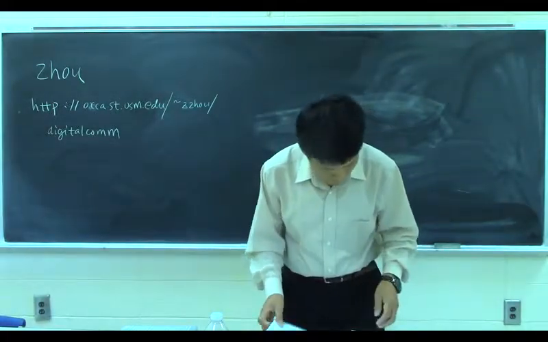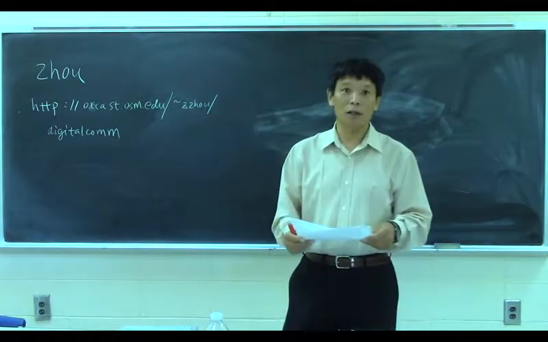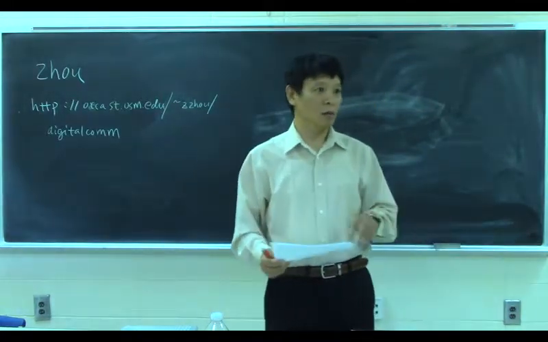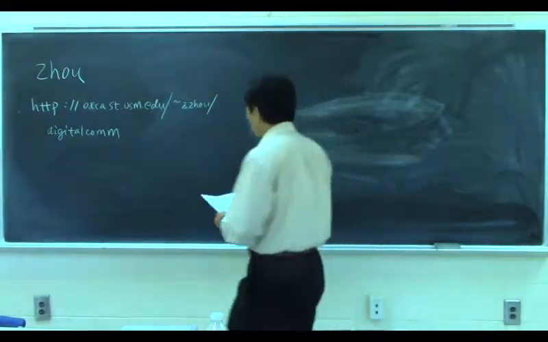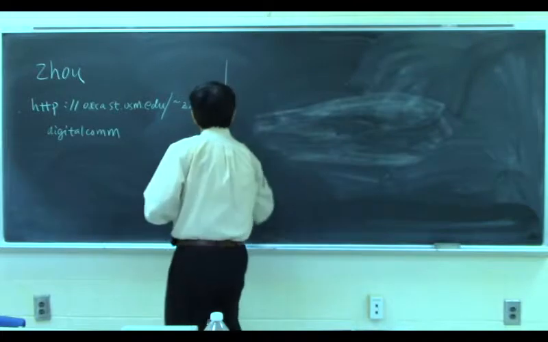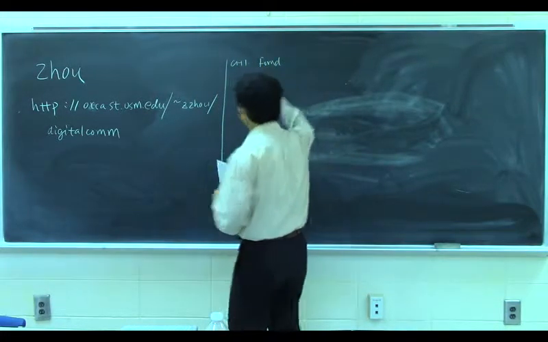Next, we are going to briefly discuss the topics that will be covered in this class, so you can have an idea what we are going to study. Chapter 1 is the fundamentals.